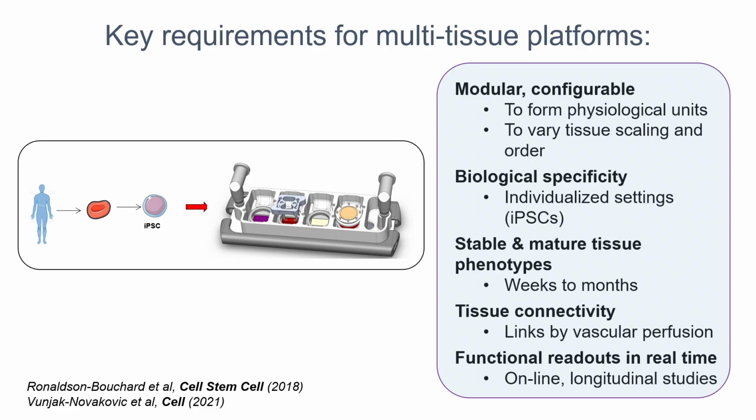And you can see here one schematic of what we are trying to do at that time, which is to start from iPS cells to derive all these lineages that I showed you, to form tissues, to place tissues into these platforms, and then connect them with vascular perfusion. So we were trying to mimic the human physiology in this way.